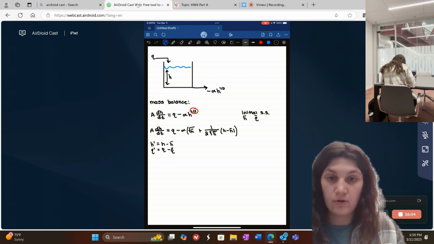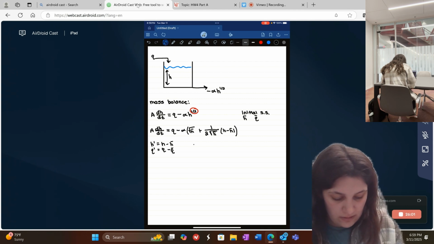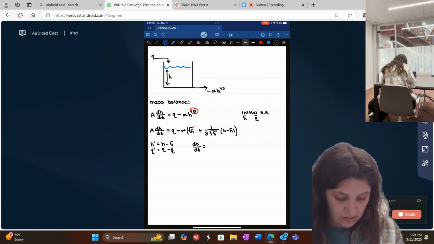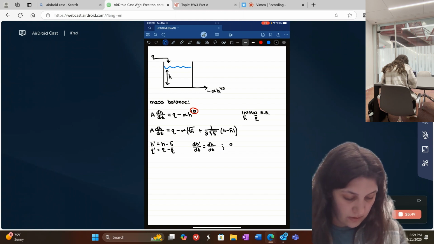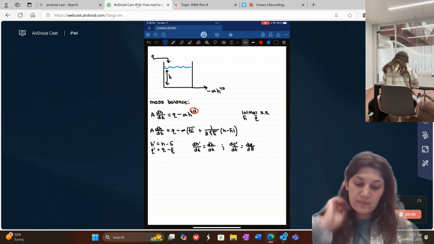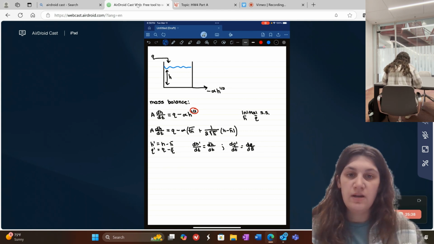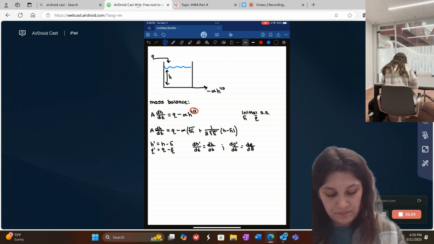Same thing for our flow. And if we look at the derivatives for these, they're equal to the derivatives of our normal values. Okay. And now we can evaluate our equation at that initial steady state.